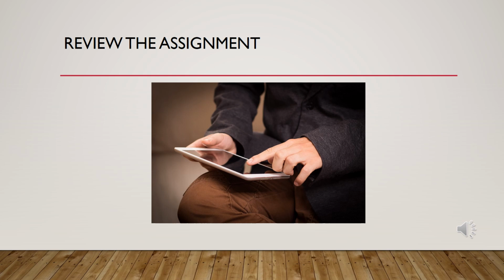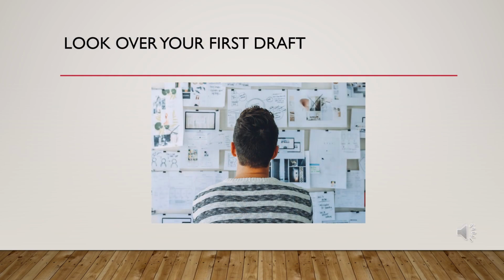Once you have looked over Chapter 5 again, go back and look at the original assignment for the essay, making sure that you are very clear what was asked of you in performing the writing of the essay. Once you've done that, and with the assignment fresh in your mind, look back over your first draft.